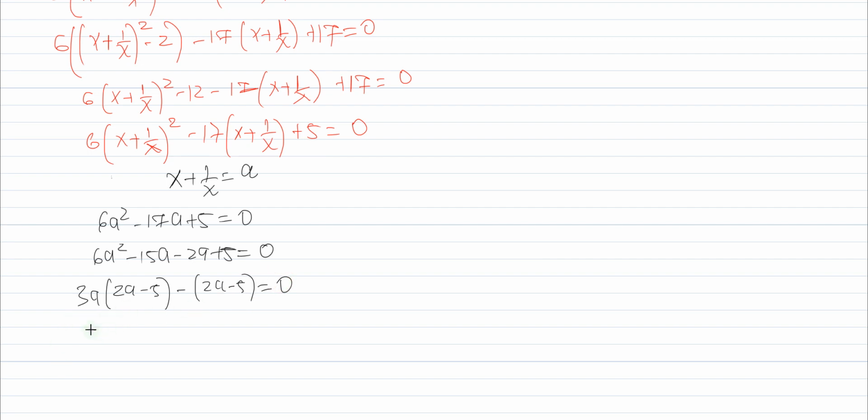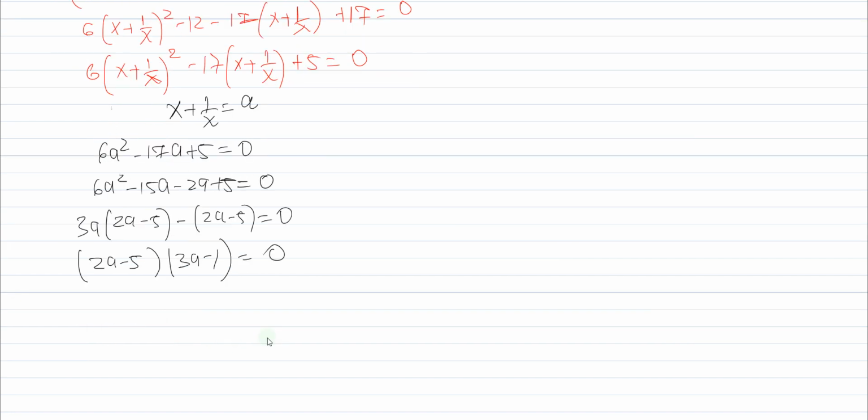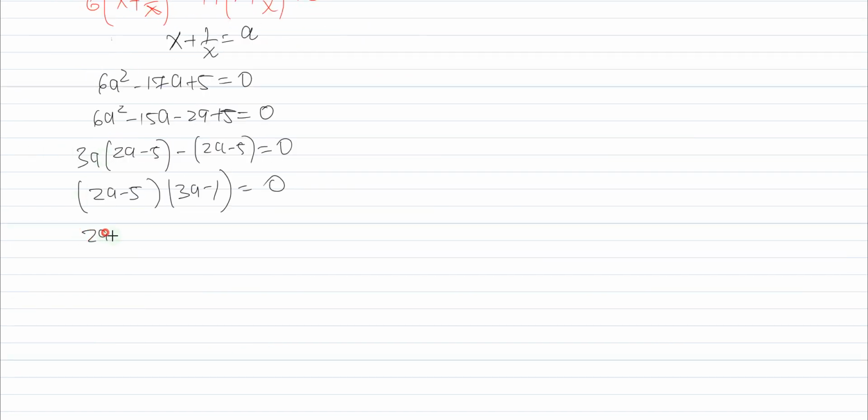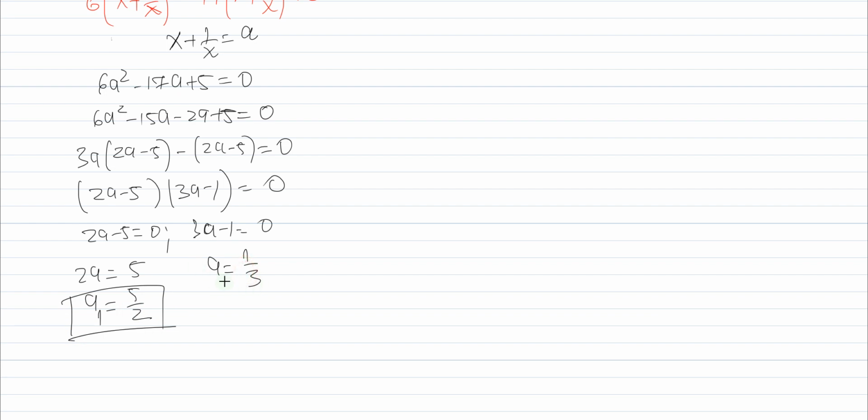So we have (2a minus 5)(3a minus 1) equals 0. Then 2a minus 5 equals 0 and 3a minus 1 equals 0, so a1 is 5 divided by 2, and a2 is 1 divided by 3.